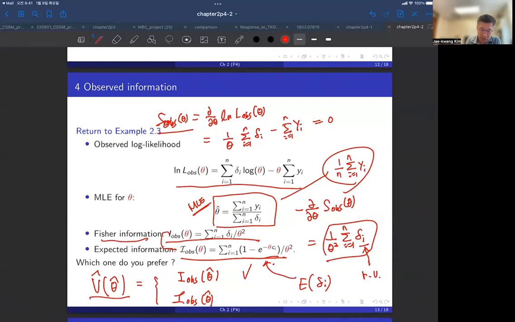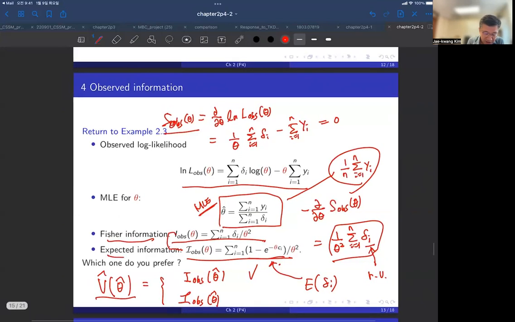Then you may wonder how should I evaluate this. Because the expected Fisher information is taking the expectation over all possible delta in the distribution, from the mechanism, you are actually averaging out over the possibility that it is censored or non-censored.